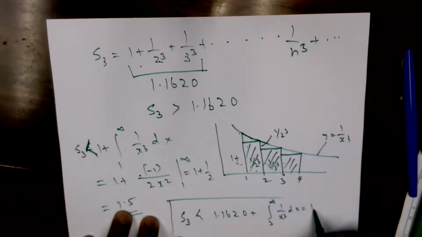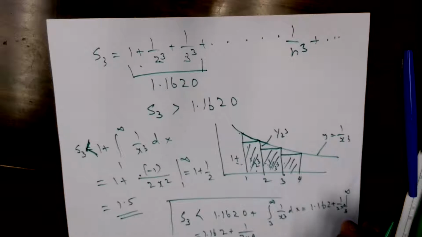That's going to be 1.162 plus 1 over 2x squared, from 3 to infinity, so 1.162 plus 1 over 2 multiplied by 9.